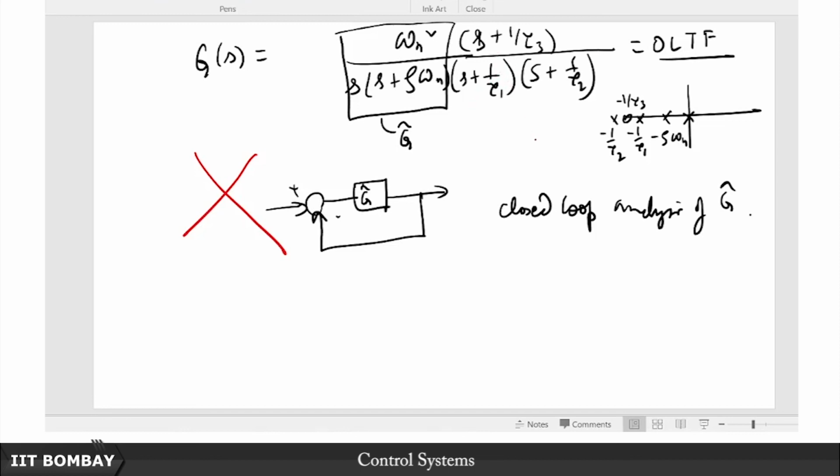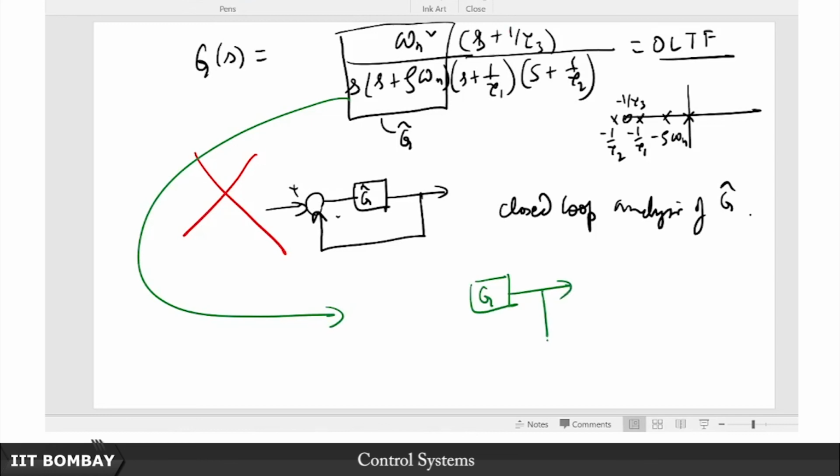So the idea is you carry these open loop transfer function additional poles and zeros through to the closed loop expression. So what you instead do is this, you put this G(s) here, study this particular system, okay, and then study G upon 1 plus G, which is basically the closed loop transfer function.